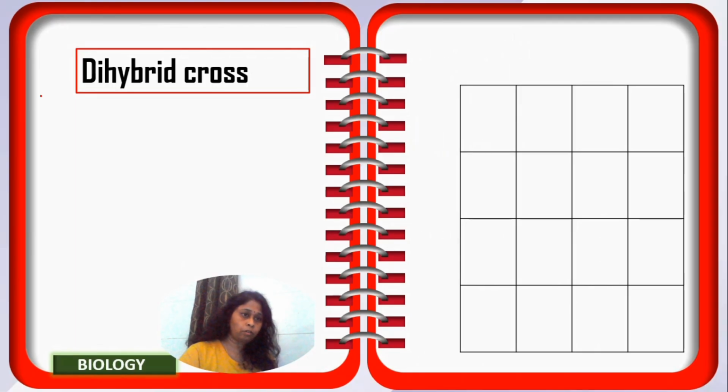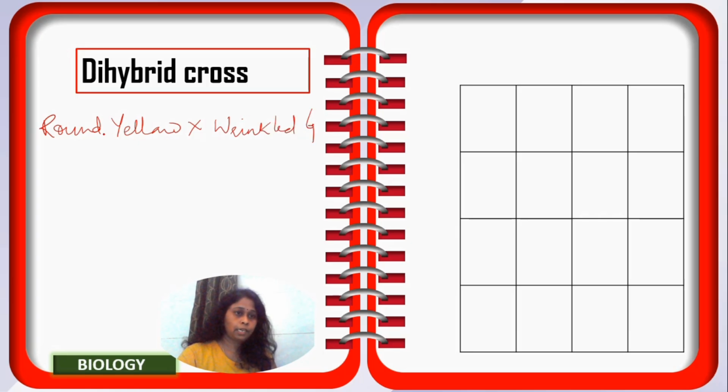In dihybrid cross, the parents we can take as round yellow and wrinkled green. Okay, so these are the parent plants. Round yellow is capital R, capital R, capital Y, capital Y, and wrinkled green is small r, small r, small y, small y. So this is the parent genotype, and after that we have to find out the parent gametes, right?